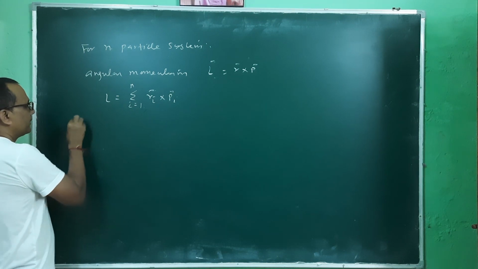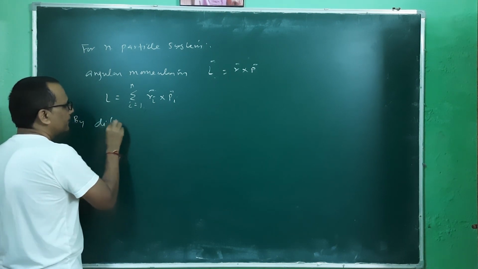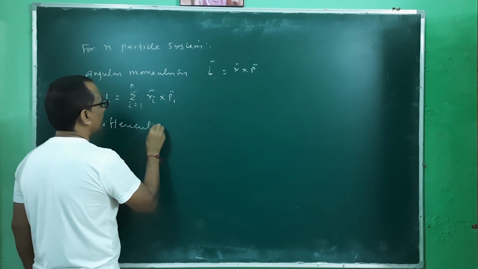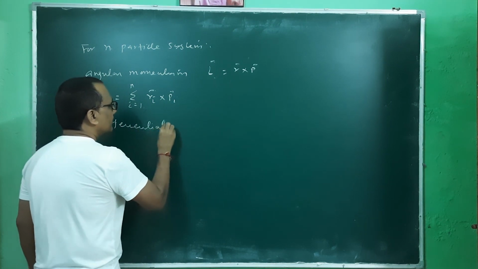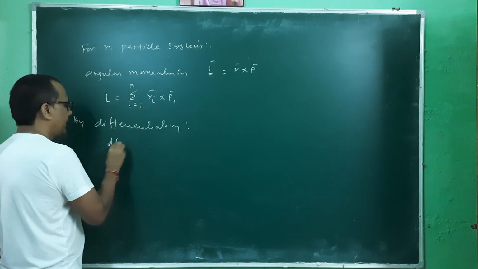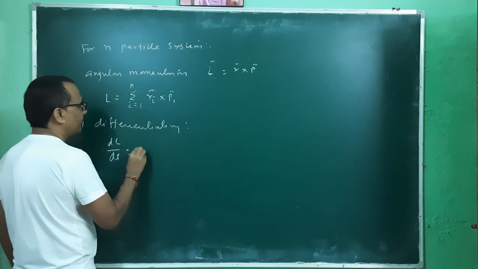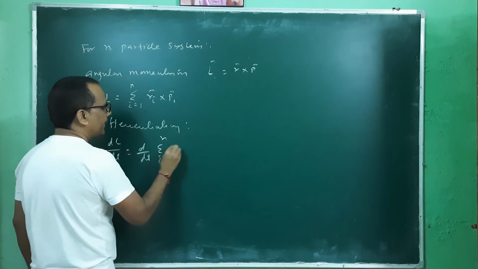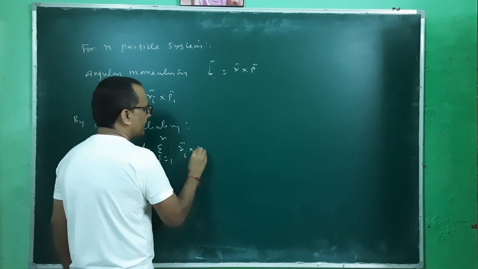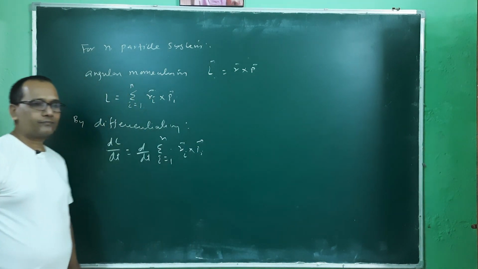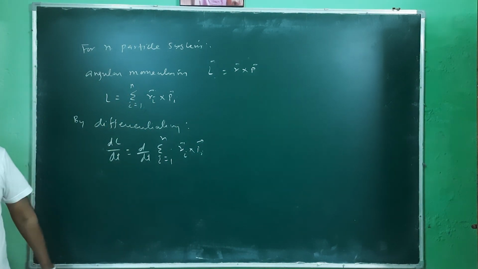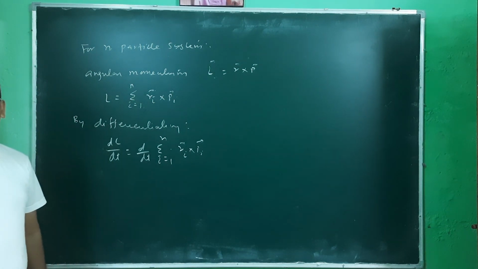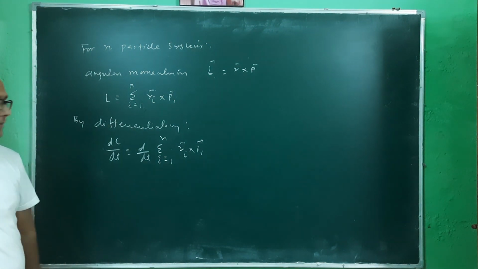So by differentiating this, dL by dt is equivalent to d by dt of the summation of i equal to 1 to n of R cross P_i. Just convert the complete thing for an n particle system, because in this chapter we are dealing with that n particle system.